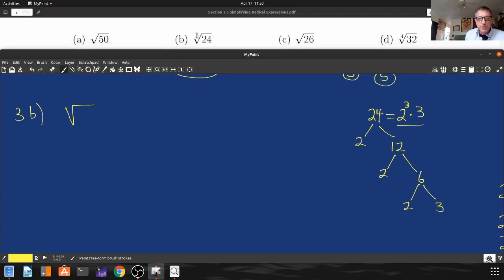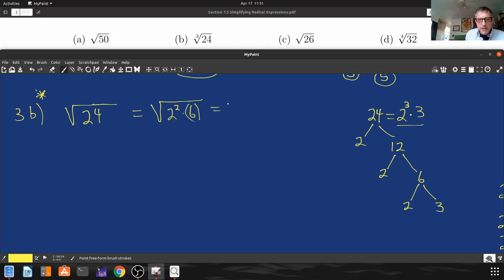Let's do the square root first, and then I'm going to go back and do the cube root. I wasn't paying attention to my index. So remember, this is not 3b, this is 3 star b. So let's do the square root of 24. So this little rule that I just gave you works only for even indices. Well, that's equal to the square root of 2 squared times 6.